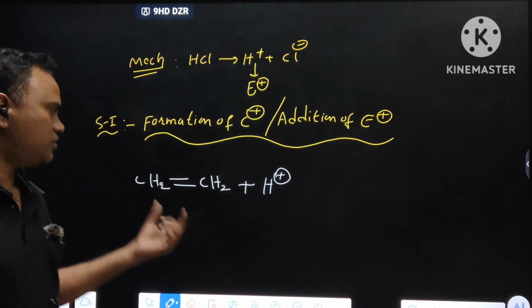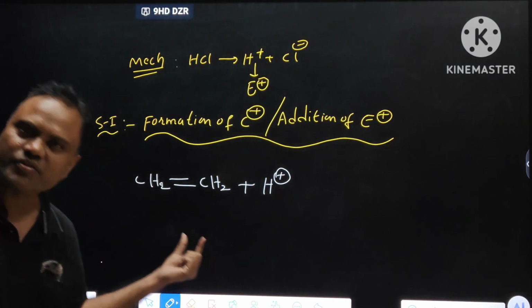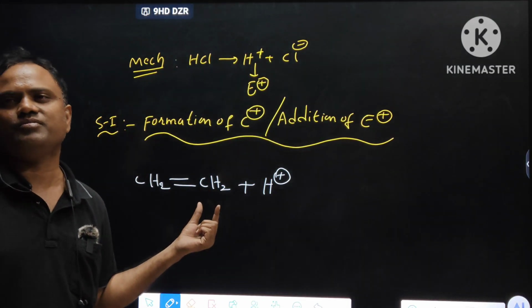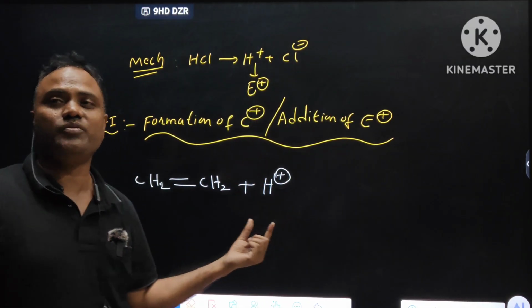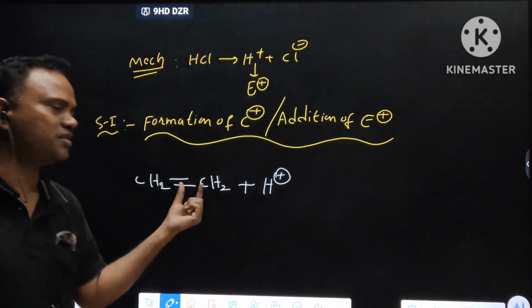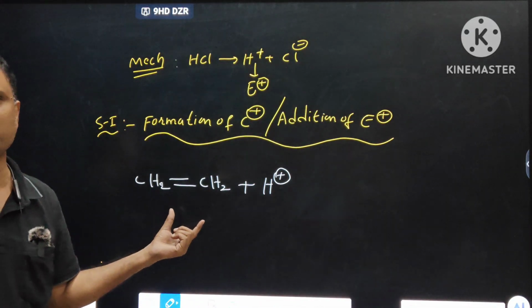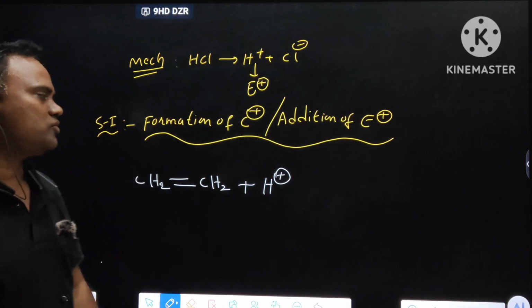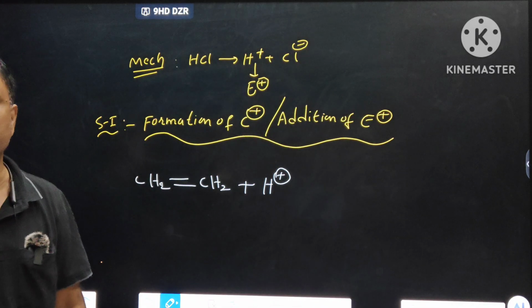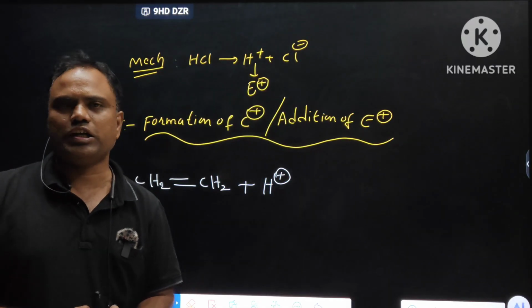Towards electron rich area, electron deficient species will go. For example, if I try to add Cl negative first, this is also negative. This is a rich area, so how is it possible to add? Negative repulsion takes place. So first we add electrophile only. That's why we call this reaction an electrophilic addition reaction.